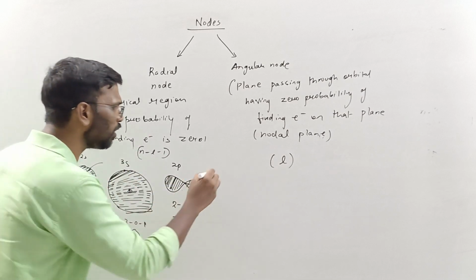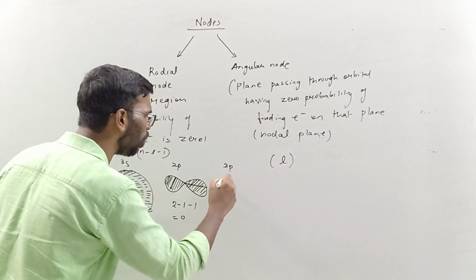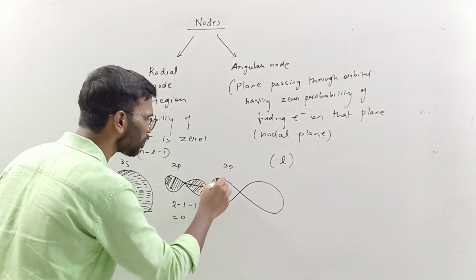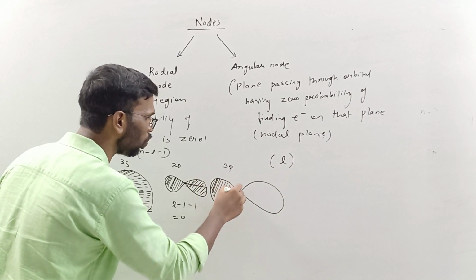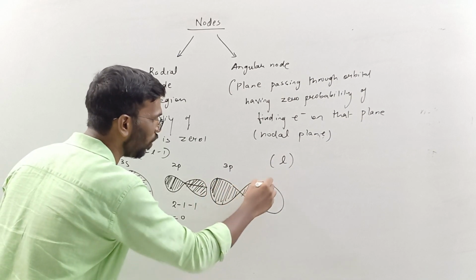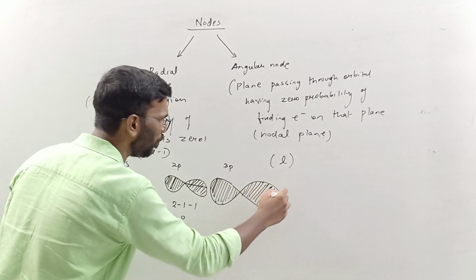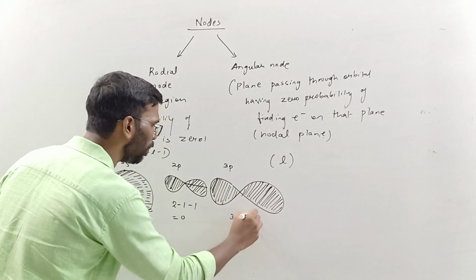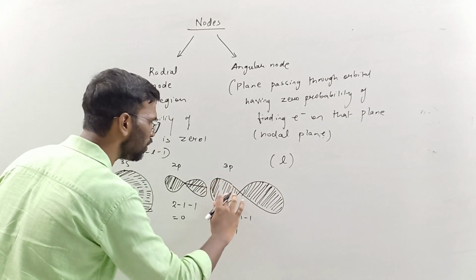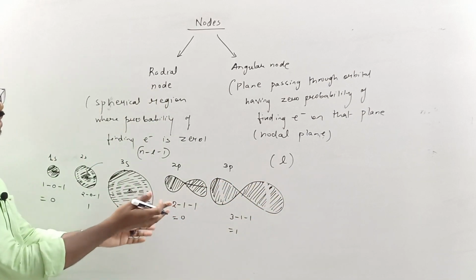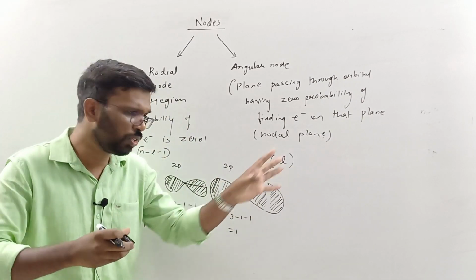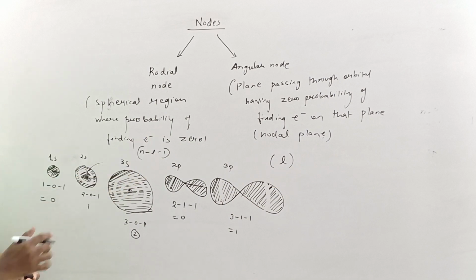But if I consider a 3p orbital, which is still bigger, then how many radial nodes? There should be at least one. Yes, there will be one radial node. This is a three-dimensional region: 3 minus 1 minus 1, which is equal to 1. This is again a spherical region where the chances of finding the electron are 0, right? So this is how we describe the radial node.